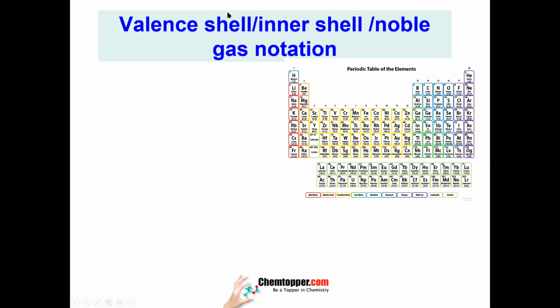And I discussed with you the three basic rules on which the electron configuration is based. One is Aufbau principle. Second, Pauli's exclusion. Third, Hund's rule. Do you remember that?